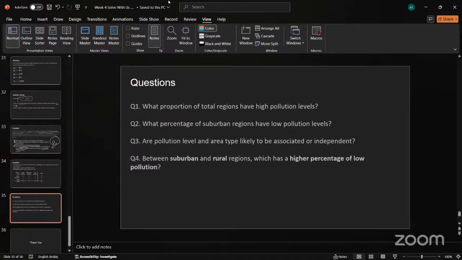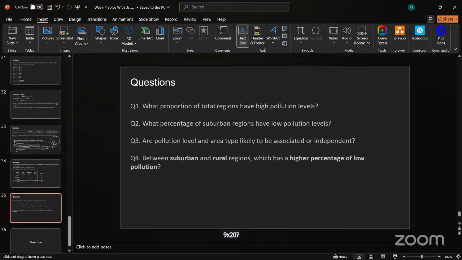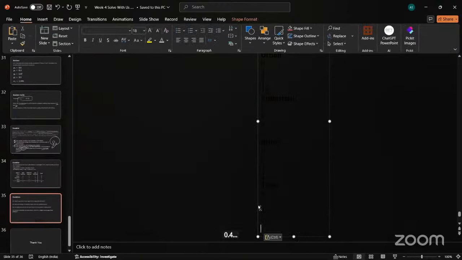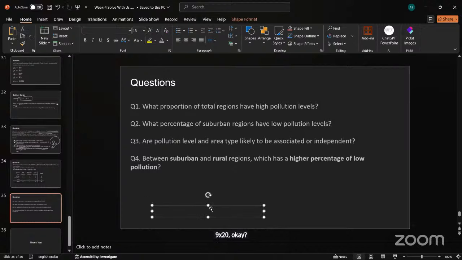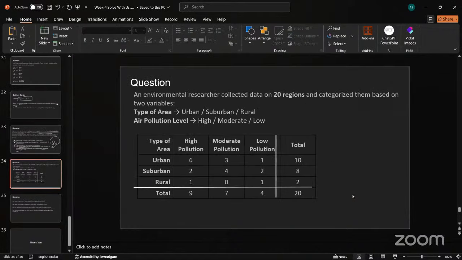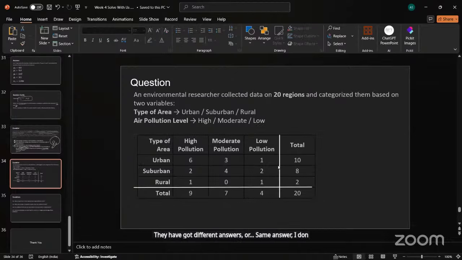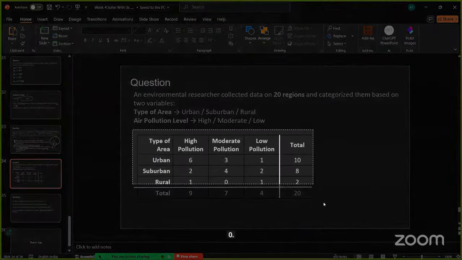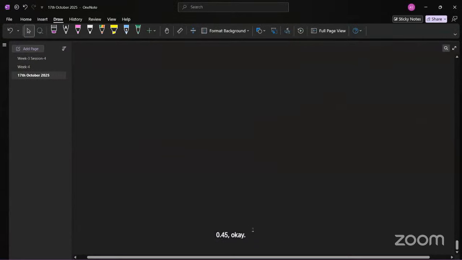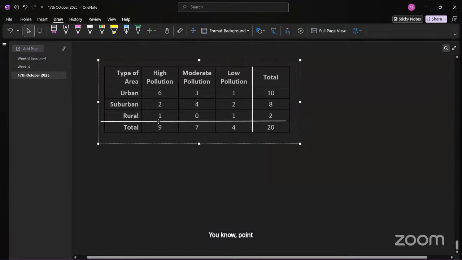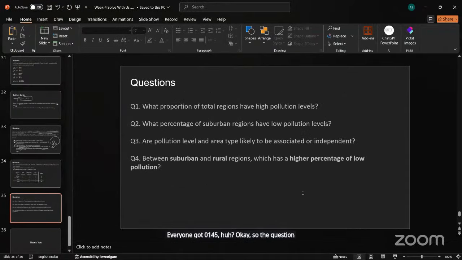9 by 20, or 0.45. Everyone got 0.45. So the question is, what proportion of total regions have high pollution level?